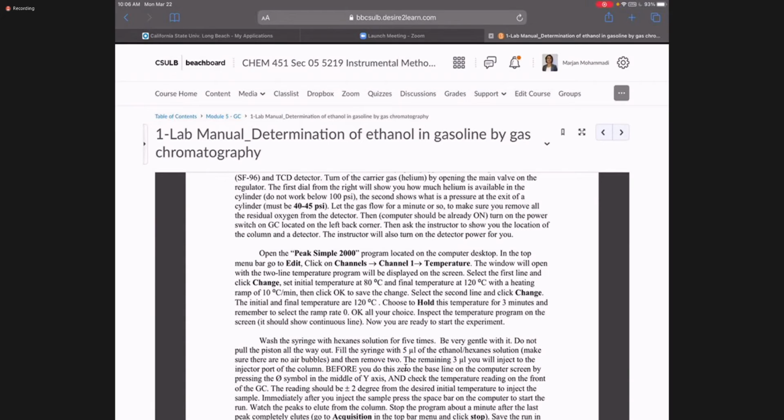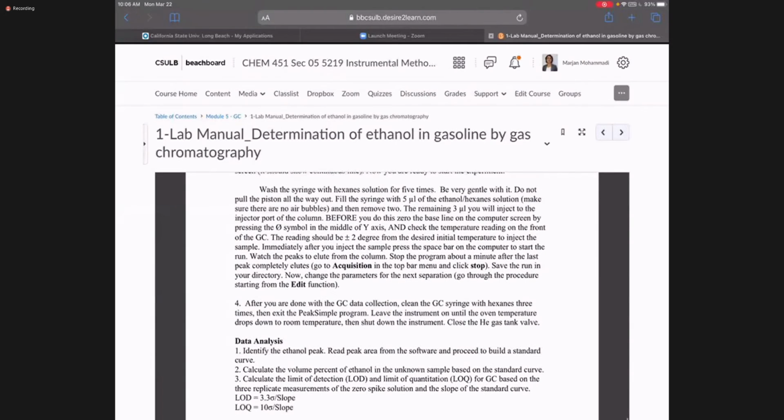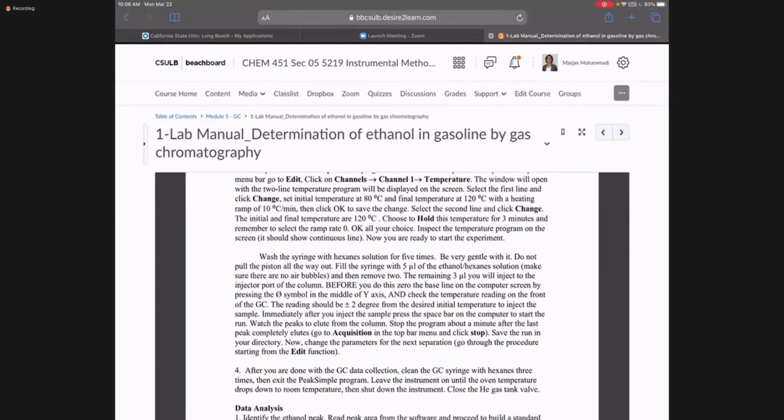We are going to have two temperatures here, 120 and 180. The machine starts running at 120 degrees Celsius, and then it's going to reach 180. During this temperature probe, you are going to collect the graph, the peaks. And the solvent that we are going to use for samples is hexane. That's going to be the sample right here.